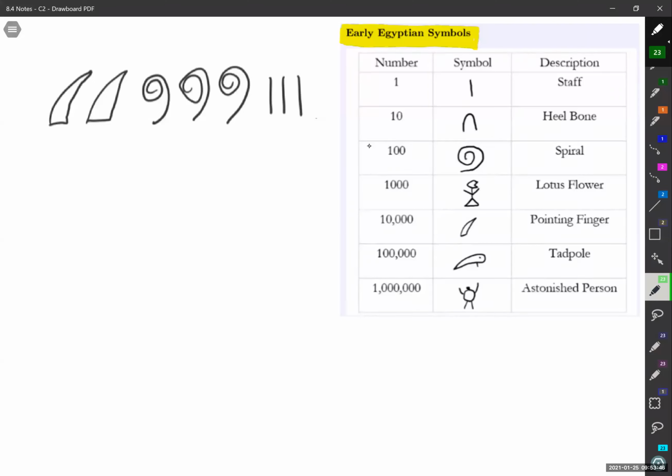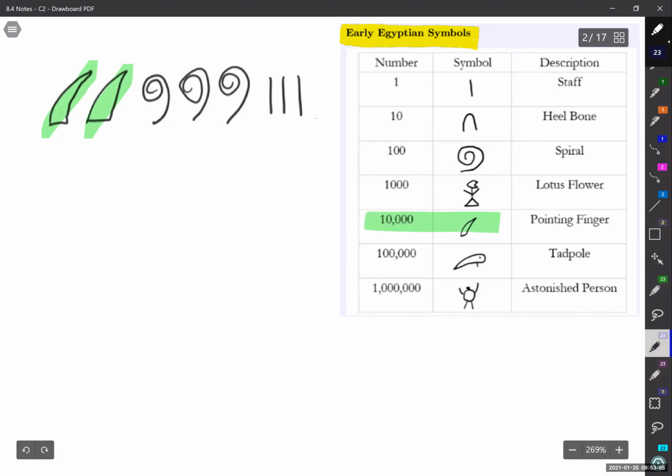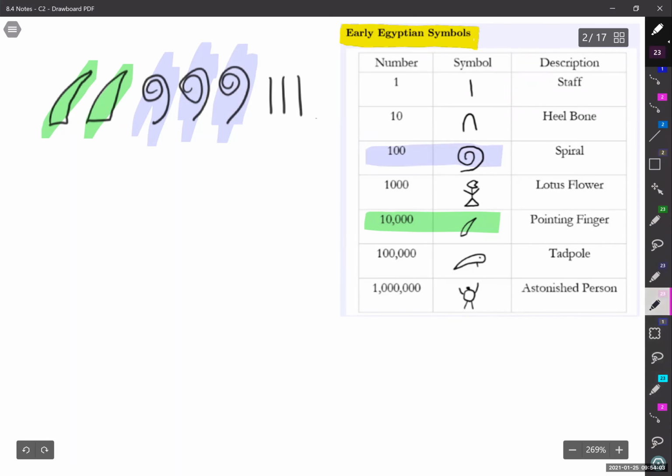So this one we'll just translate piece at a time. We kind of look for the symbols. So we've just labeled, you see that this first one represents 10,000.